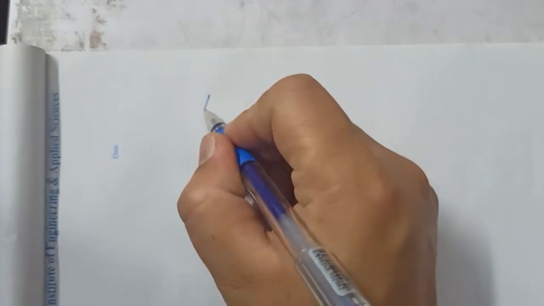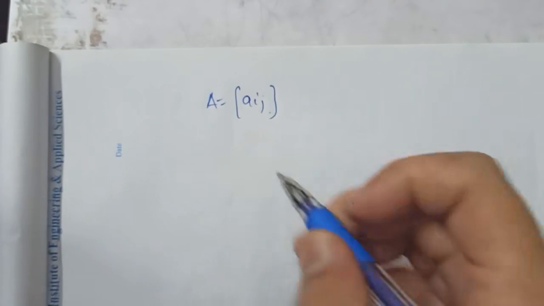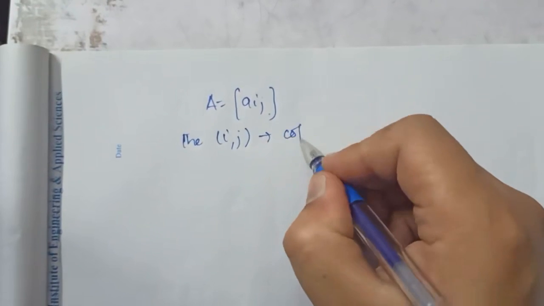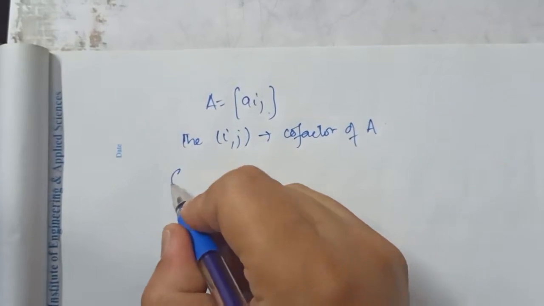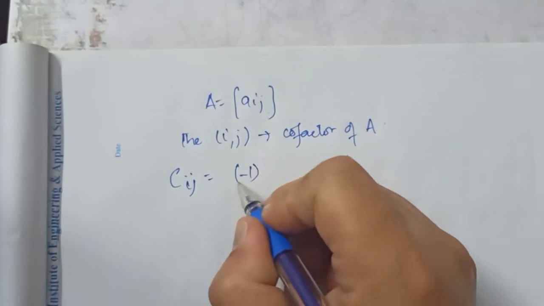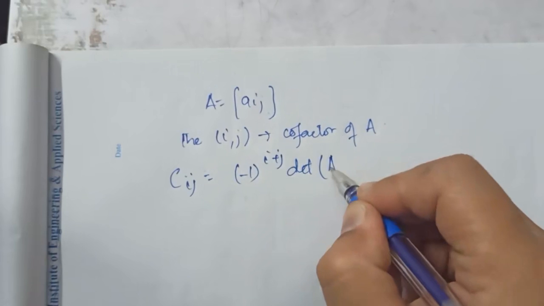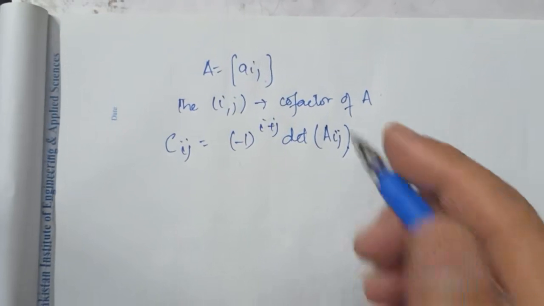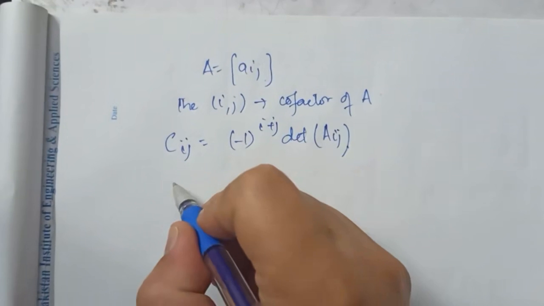If A has elements Aij, you define the ij cofactor of A as Cij, which is (-1)^(i+j) times the determinant of Aij.